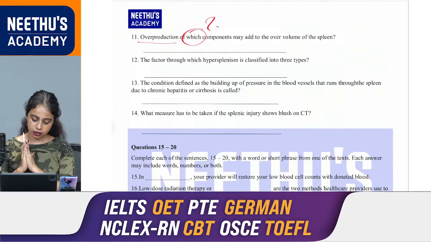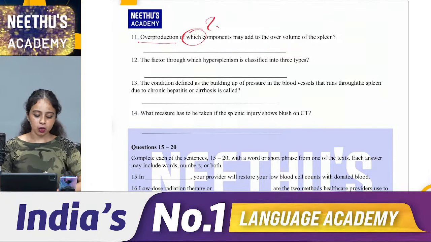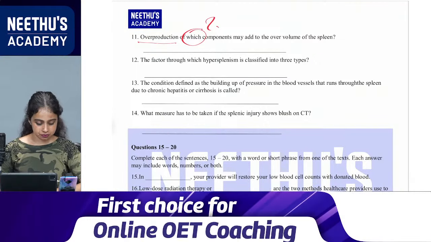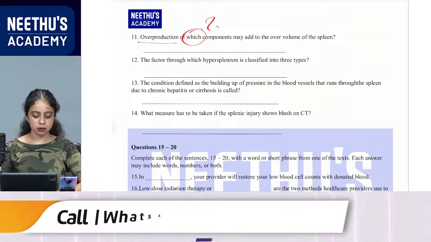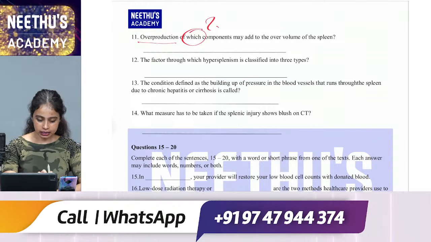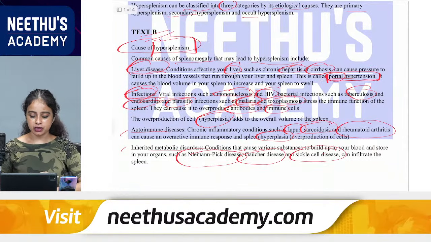Yes, dear. Jubi, leukopenia. Grishma, leukopenia. So what about the 11th one? Overproduction of what? Which component? Yes, Anu, Reshma, Ammu, it is cells. Binsi, cells. Doshna, cells. The answer should be from text B, cells.